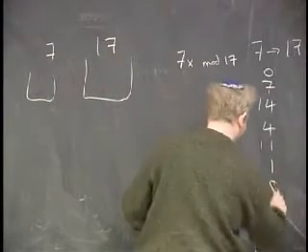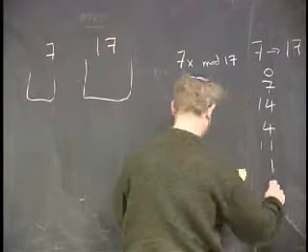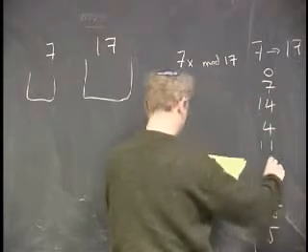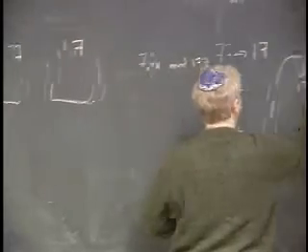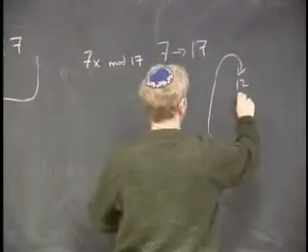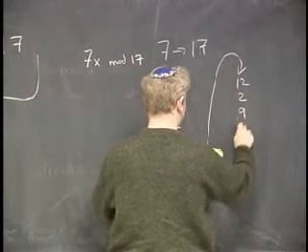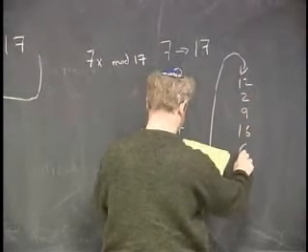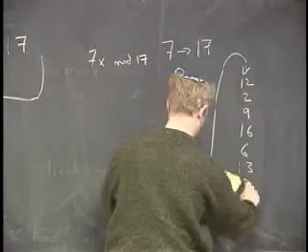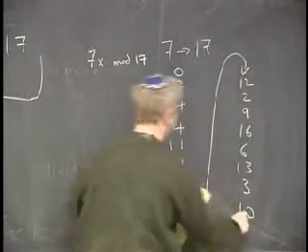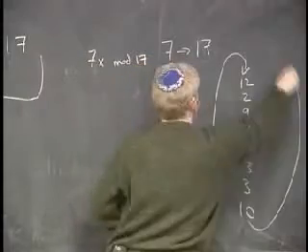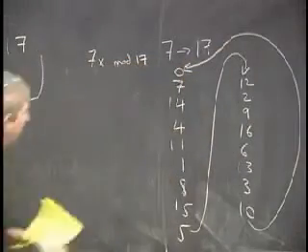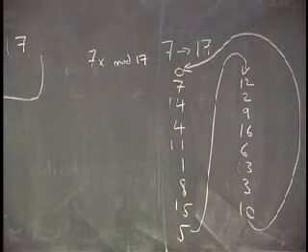I got to check you. 5. 12. 2, 9, 16, 6, 13, 3, 10. 17 is the same as 0. There you go. That's the list.